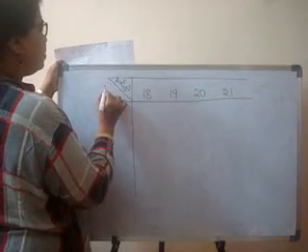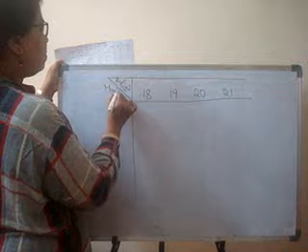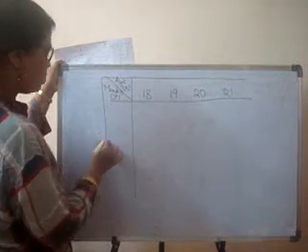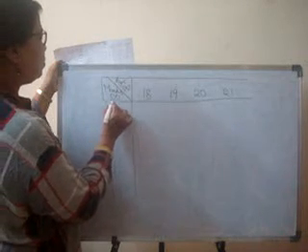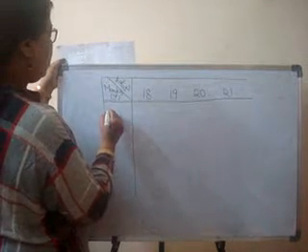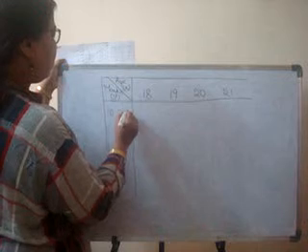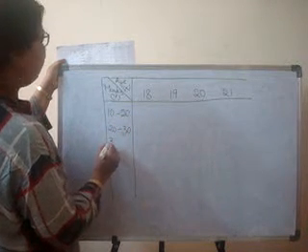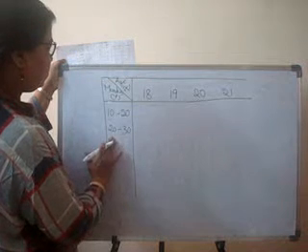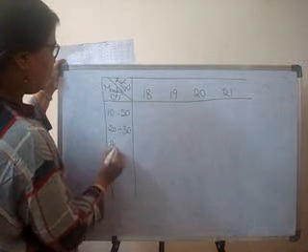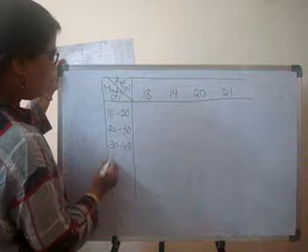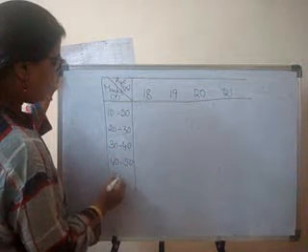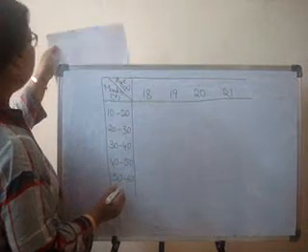And here it is marks, Y: 10 to 20, 20 to 30, 30 to 40, 40 to 50, 50 to 60, 60 to 70.